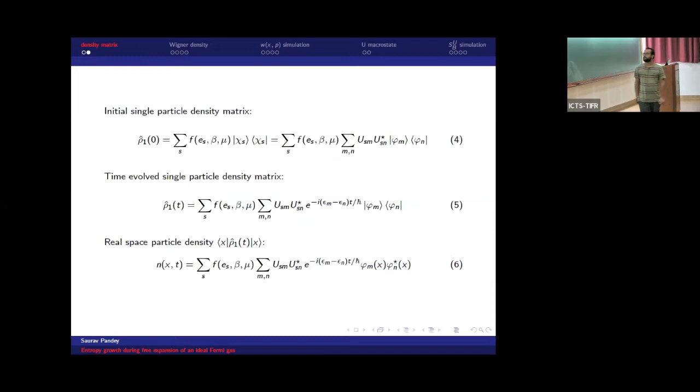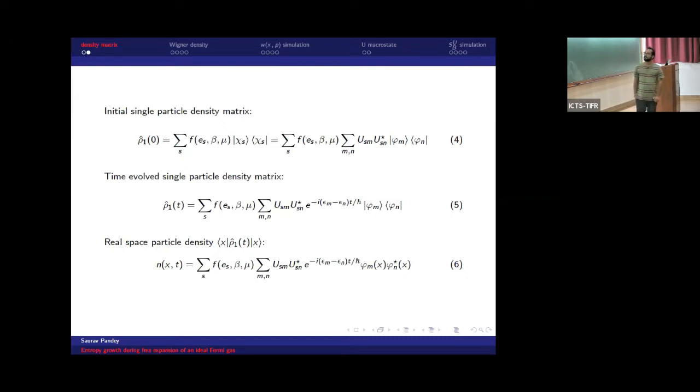From this multi-particle density matrix, we can compute the initial single particle density matrix, written here in equation 4. Here F is just the Fermi function over the box energies, and these are the box eigenfunctions. To evolve it to a later time, we first have to write it in terms of the circle eigenfunctions, because the box eigenfunctions are not a complete set of states on the circle.